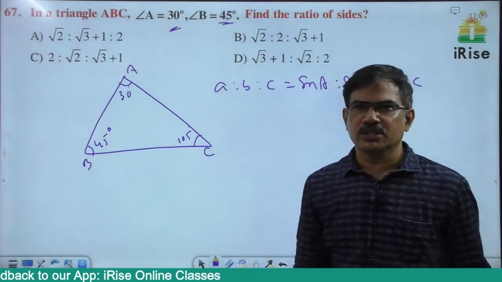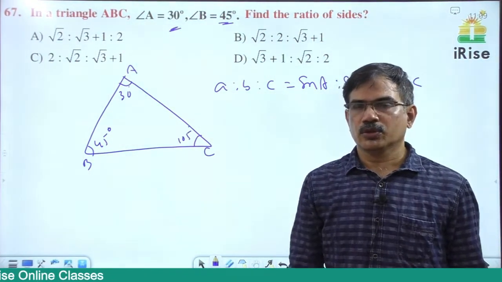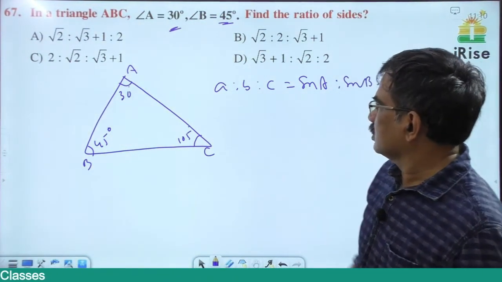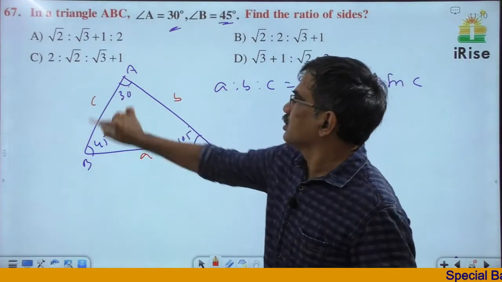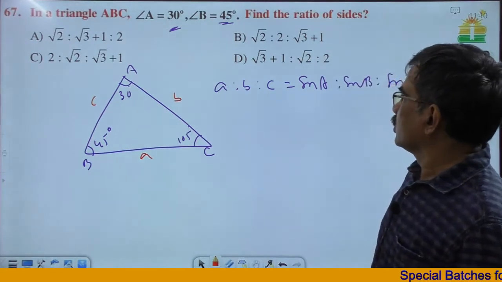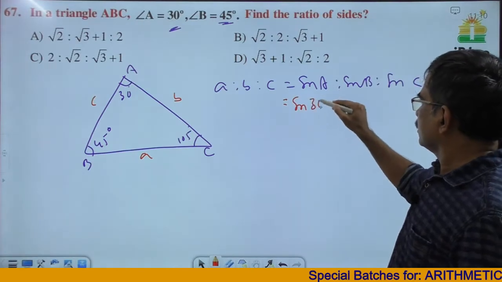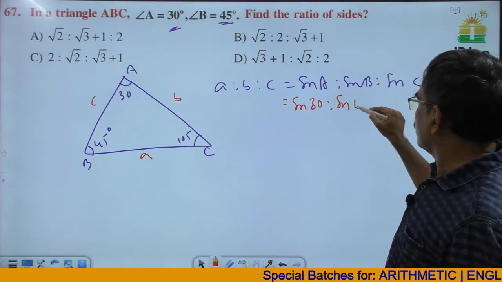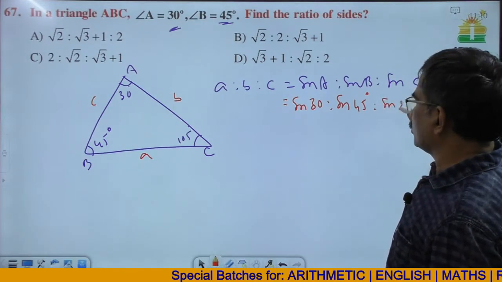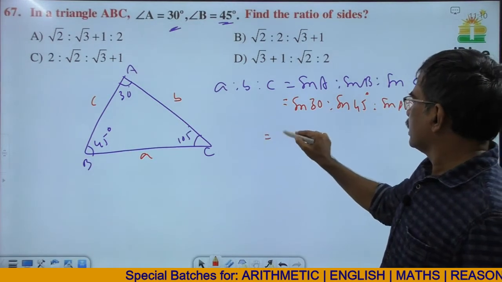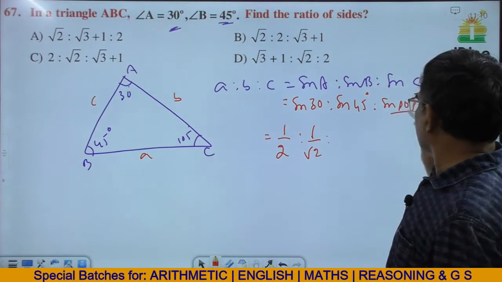A is to B is to C must be equal to sin A is to sin B is to sin C. Here this is small a, this is B, this is C. Sin 30 is to sin 45 is to sin 105. Sin 30 is 1 by 2, sin 45 is 1 by root 2, and sin 105.